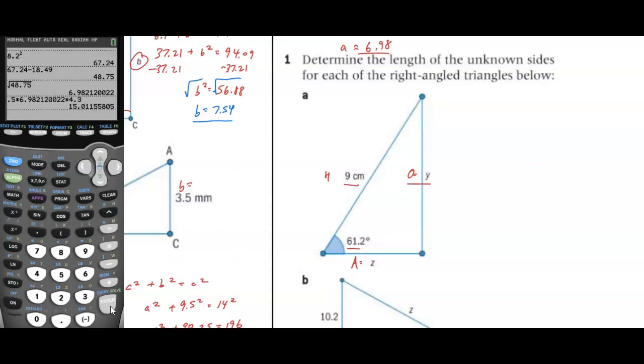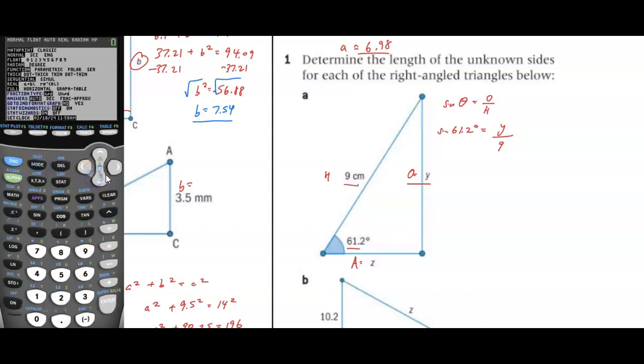If we want to find opposite and we know hypotenuse and the angle, the relationship which has O, H, and the angle would be sine, right? So the sine of theta is equal to opposite over hypotenuse, theta being 61.2 degrees, opposite being y, and hypotenuse being 9. Sine of 61.2 is... oops, I have to put in mode degrees.